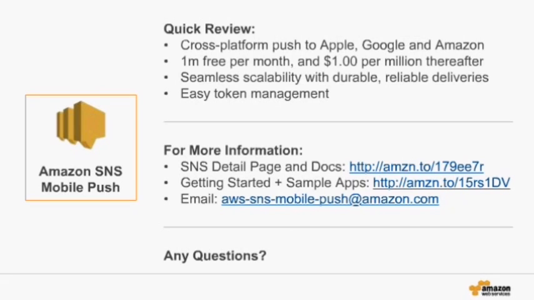Or you can use your AWS credentials to log into the console and send notifications that way. So this is restricted so that only you as the developer can send messages to your customers. Your customers would not be able to send push notifications to other customers through SNS.